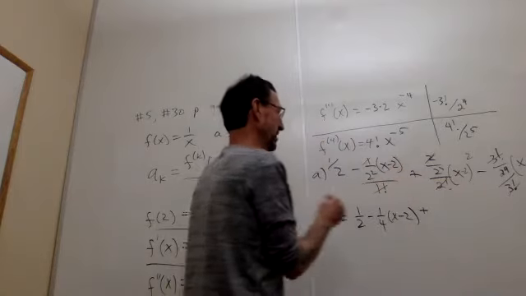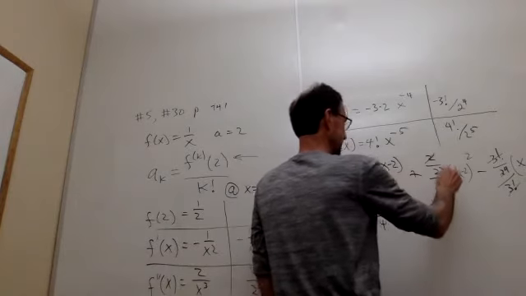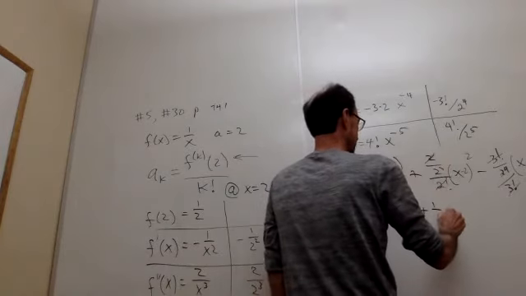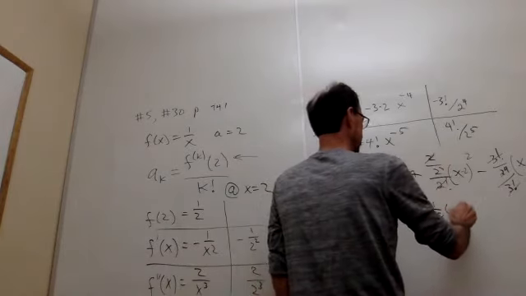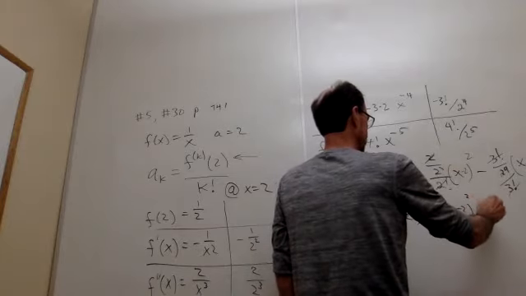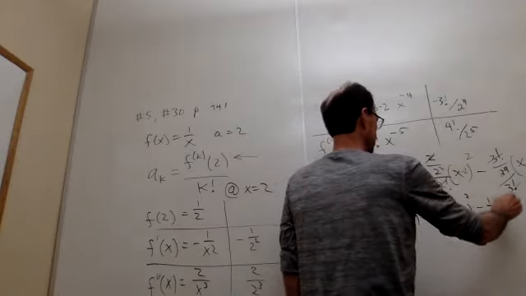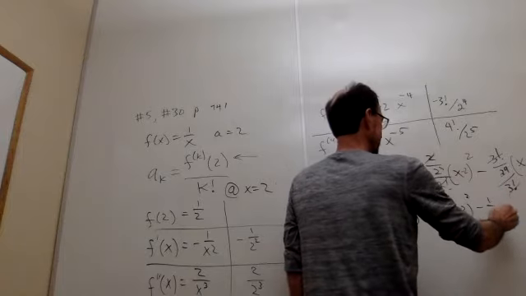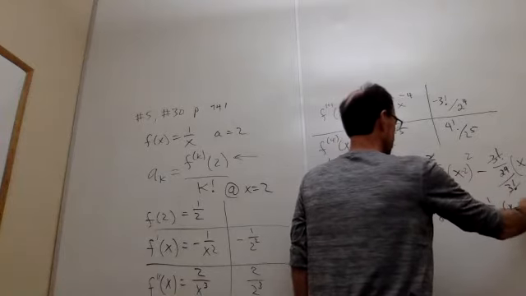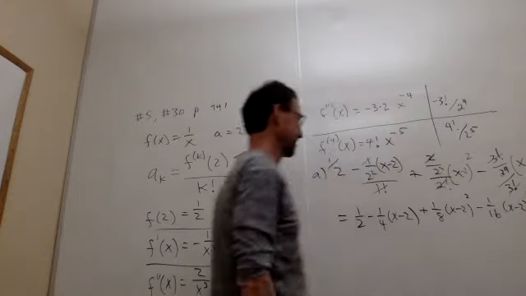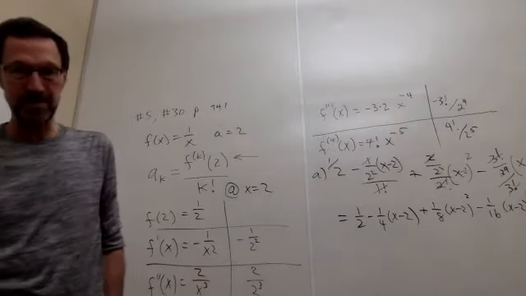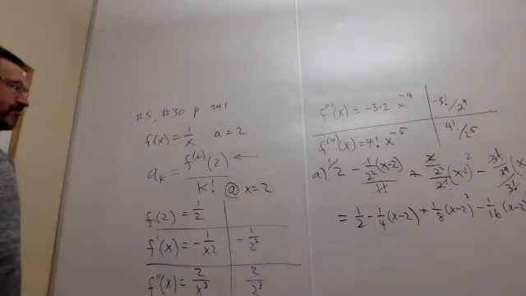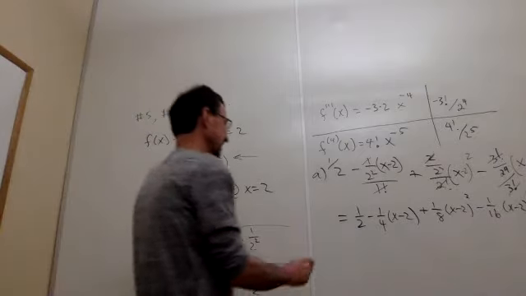And so we end up with 1 over 2 cubed. I guess we could cube it out for the answer to part A. And then minus 1/24. 2 to the 4th, 16. So there are the first 4 non-zero terms. Part B, they ask us to write it in sigma form.